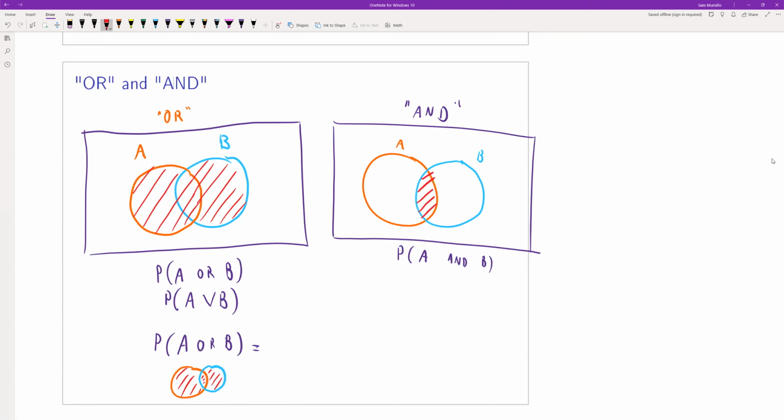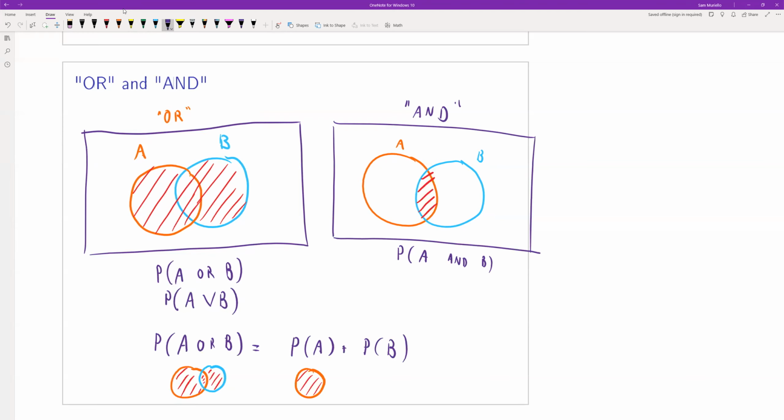And what we want to do is build this up out of individual parts. We're going to start with the probability of A, which we know is just the orange circle. And we're going to add to that the probability of B.